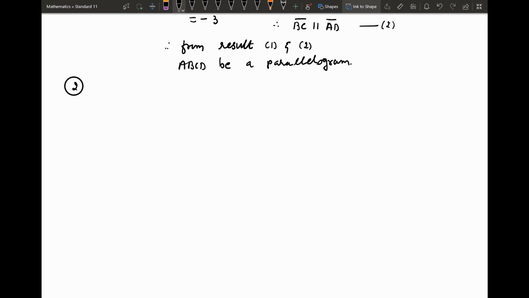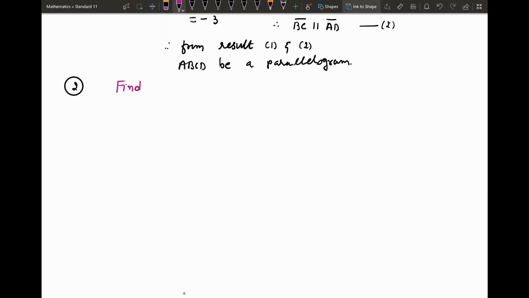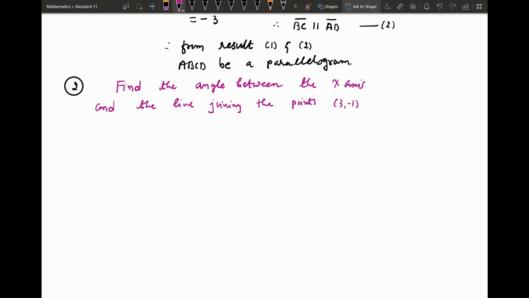Find the angle between the x-axis and the line joining the points (3, -1) and (4, -2).